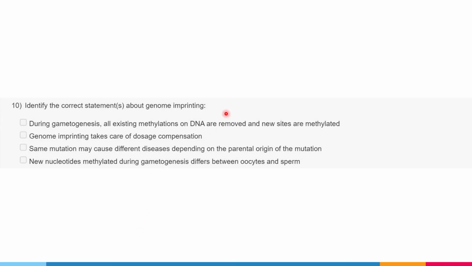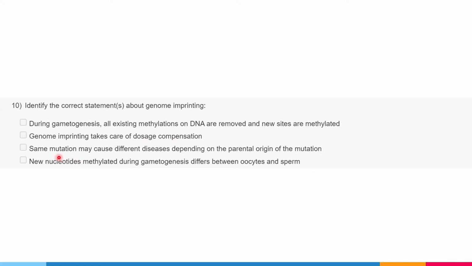So the last questions are on genome imprinting. The question is, identify the correct statement or statements about genome imprinting. The options are: A, during gametogenesis, all existing methylations of DNA are removed and new sites are methylated. B, genome imprinting takes care of dosage compensation.